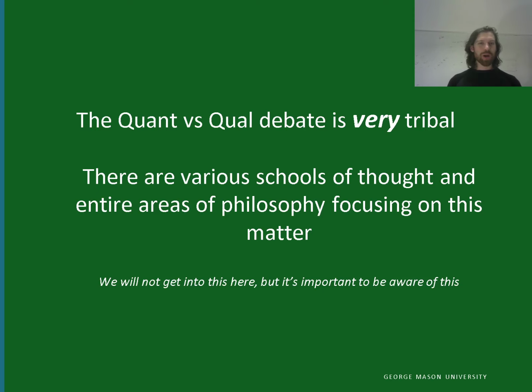So this is incredibly tribal, and I'm not going to get into it too much, but the debate between the quants, the quantitative people, and the qualitative researchers is really quite heated. I actually had to cover some of this content when I was studying for my master's degree, and it gets really quite heated. I just want you to be aware that there are some quite strong beliefs around this.